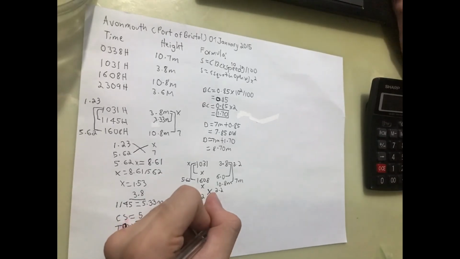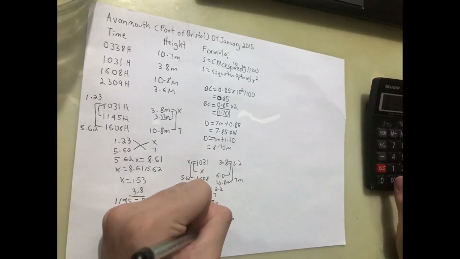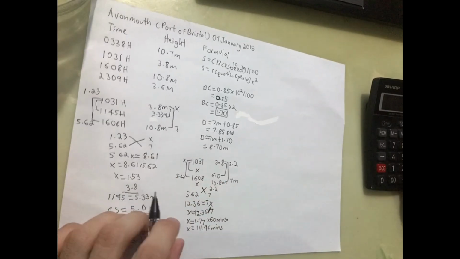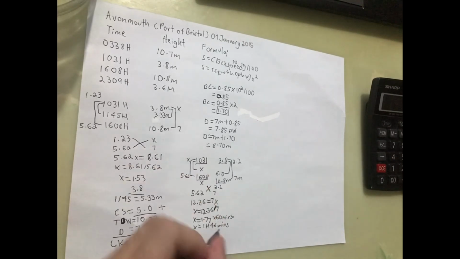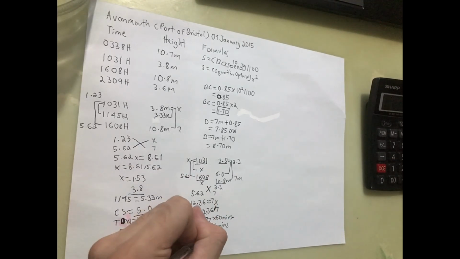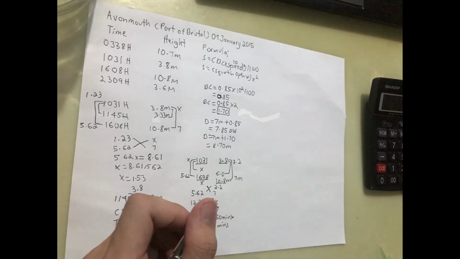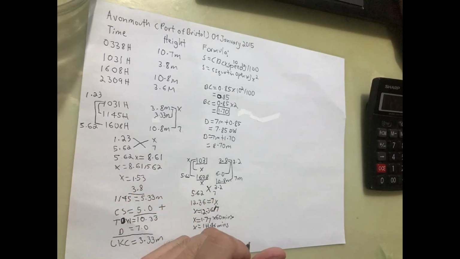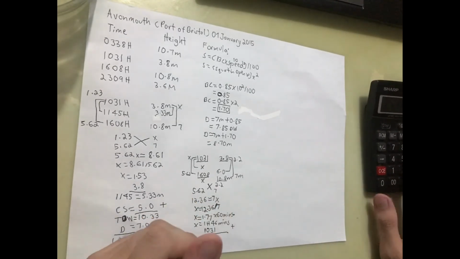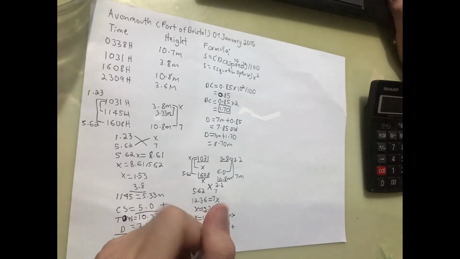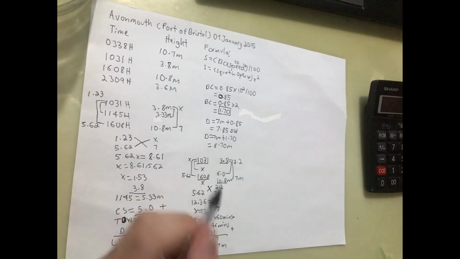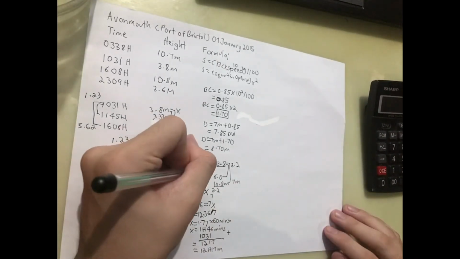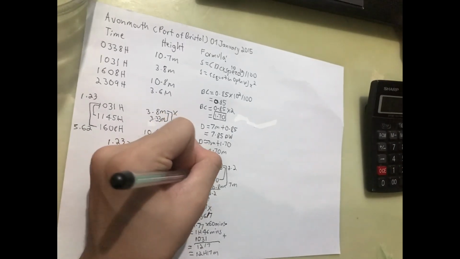Then we multiply it by 60 minutes, so x becomes 1 hour 46 minutes, and we need to add 10:31 to 1 hour 46 minutes, which is equal to 12:17, so the final answer is 12 hours and 17 minutes. So we are now replacing the x here because we are able to determine that 6.0 m happens at 12:17 hours.